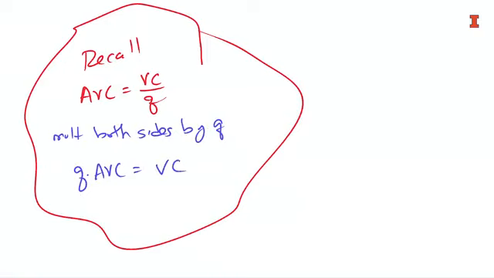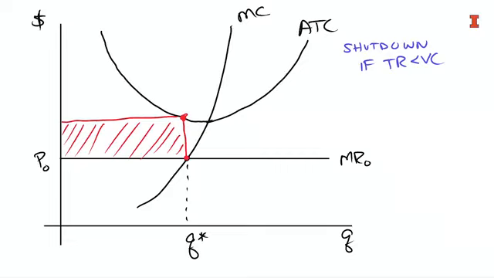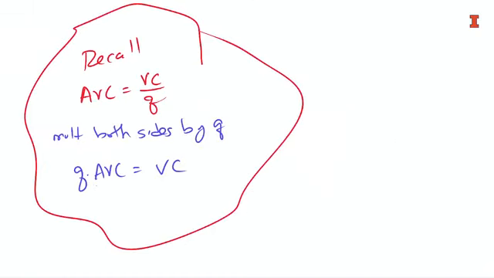So that's good. Remember this, because what it allows me to do is over here, I can now rewrite this as saying, well, the shutdown condition says that total revenue is less than variable cost. Total revenue is price times quantity. And that's got to be less than variable cost, which we just discovered in that little thought bubble. Variable cost is just quantity times average variable cost.